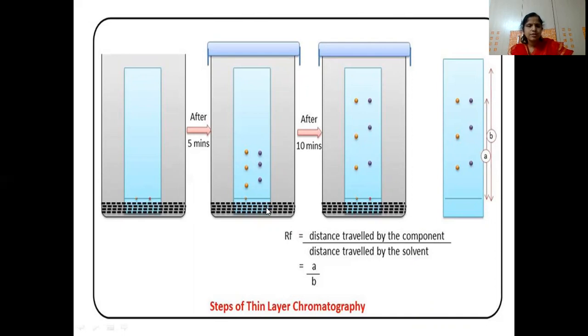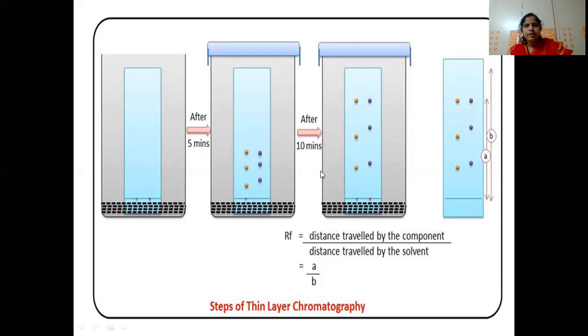Now after 5 minutes, you can see the separation of the components. The sample present here is moving along with the mobile phase. You can see the separation of the components with the other sample also.